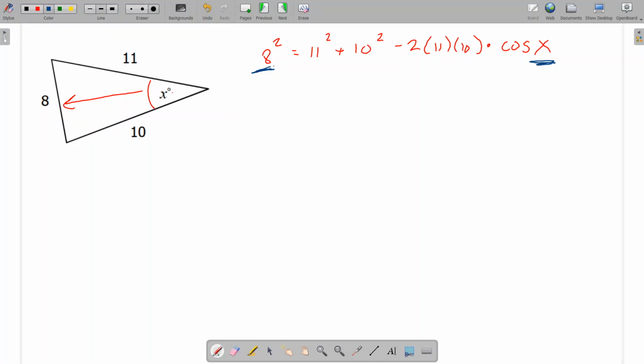So now we have some more algebra involved to actually get cosine of x by itself. Once we get it by itself, we're just going to do inverse cosine, put it in the calculator, and there we go. So we're going to have to subtract the 11 squared plus 10 squared.